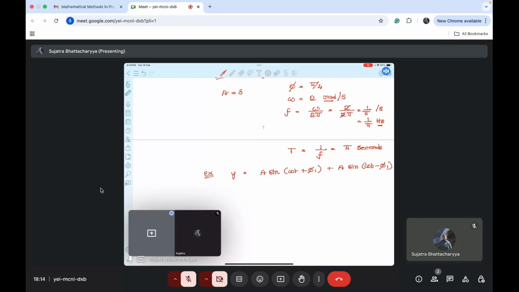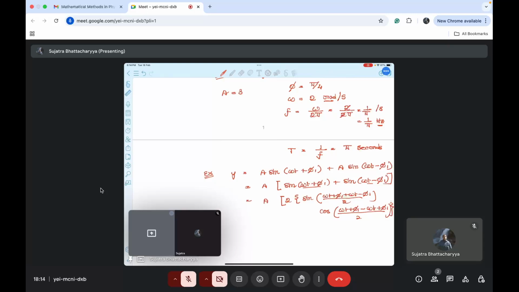Now if you do this, it is just a simple trigonometric formula: sine A plus sine B. This will be 2 times sine of (A plus B) by 2, so (omega t plus phi 1 plus omega t minus phi 1) divided by 2, and cos of (A minus B) by 2, so (omega t plus phi 1 minus omega t plus phi 1) divided by 2.